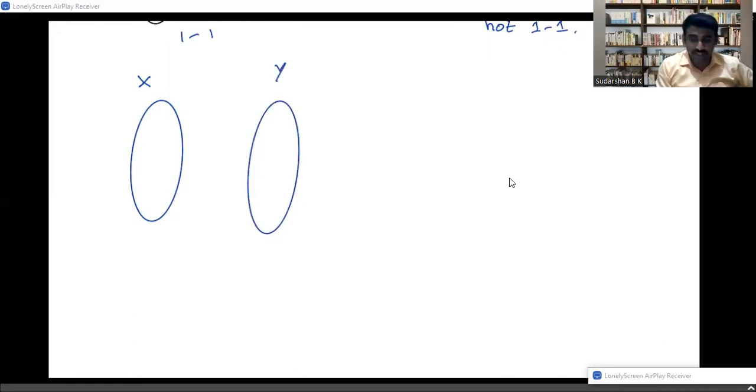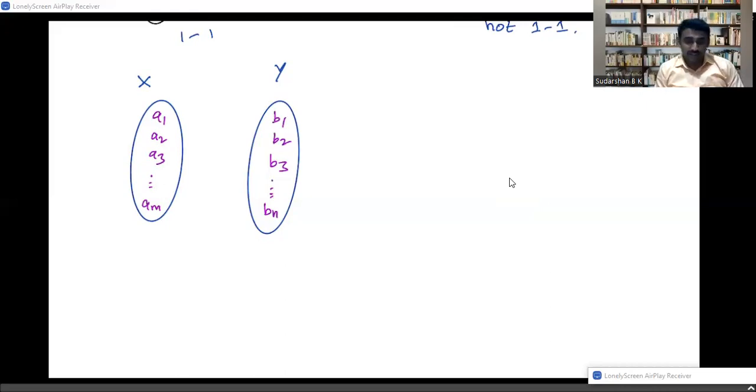So if set X has, let us say, a1, a2, a3, up to am, and Y has b1, b2, b3, and so on up to bn. Now we have to find the number of one-to-one functions.